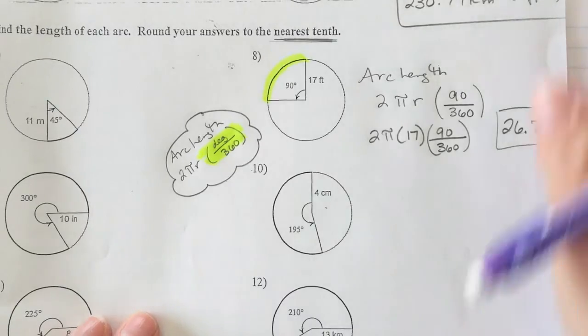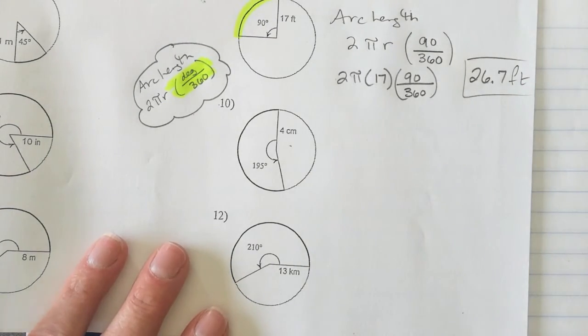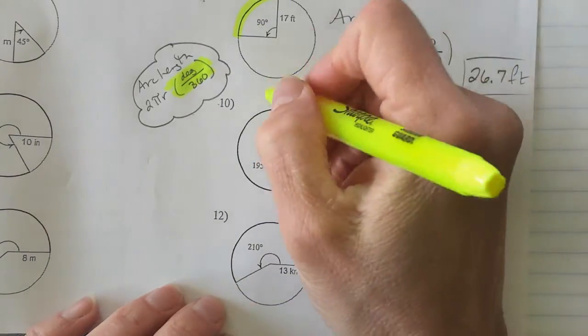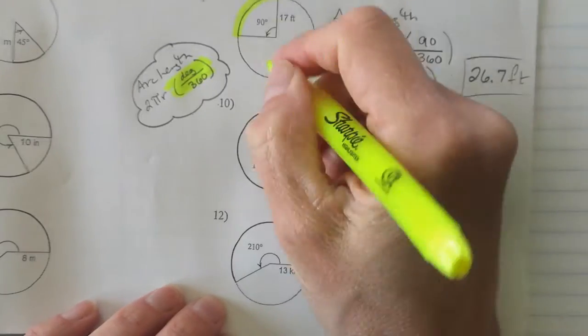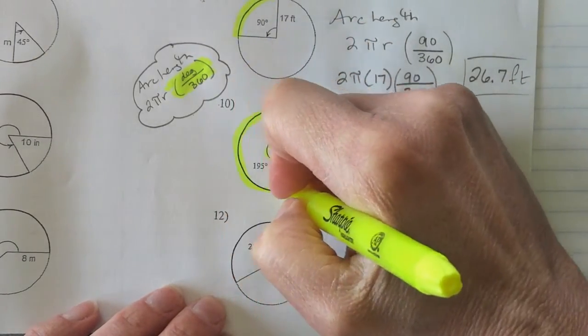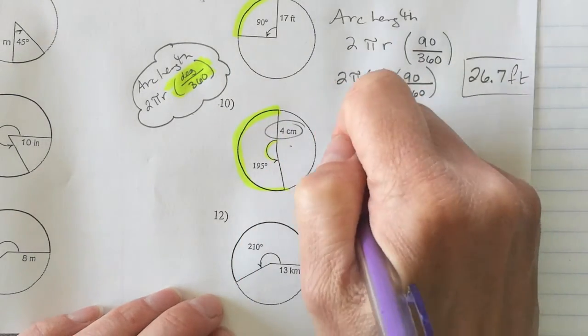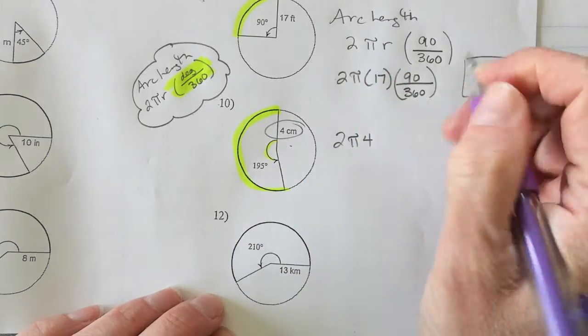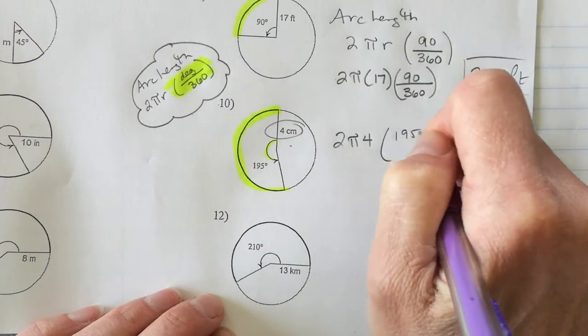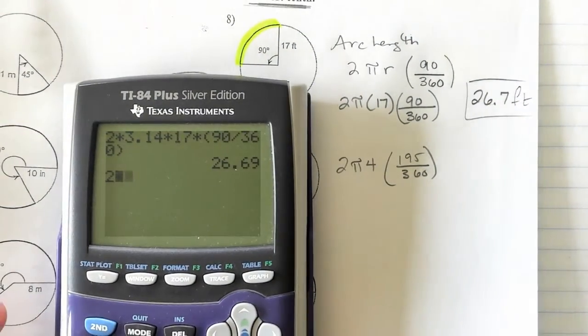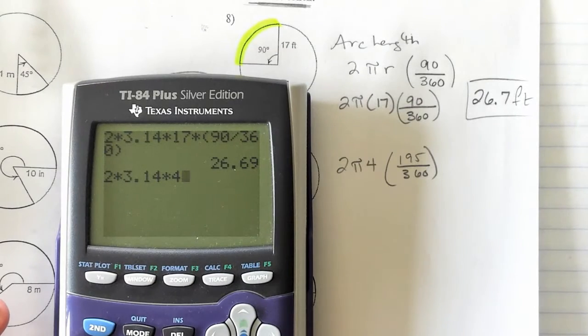Well, let's do 2 more because we've got 2 more to do. This one, when you look at the direction of the arrow, we're looking at this arc length distance right here. So we're going to have 2 times pi times our radius, times the section of the circle of interest, so 195 out of 360. 2 times 3.14 times 4, 195 over 360.